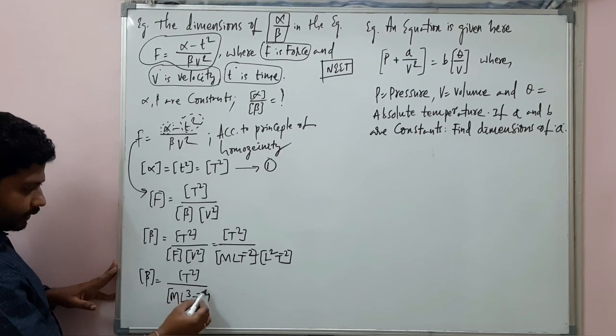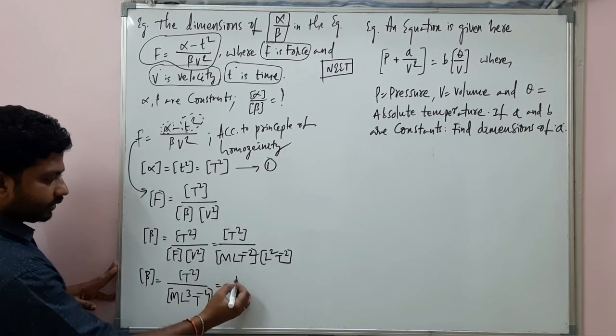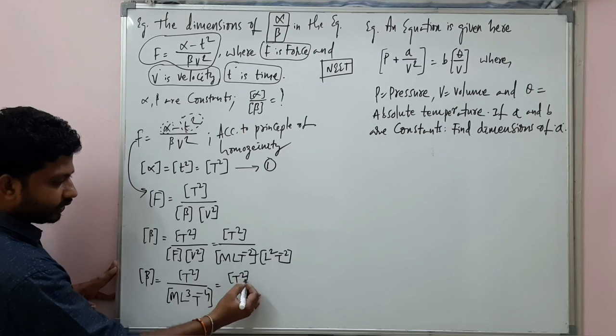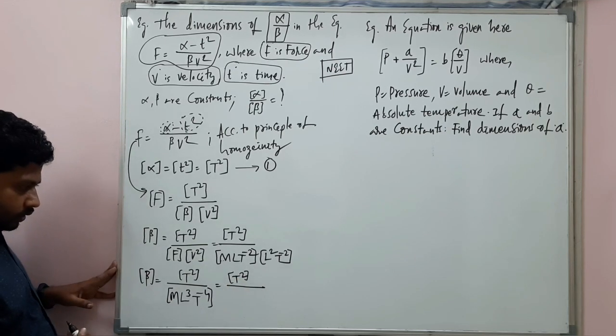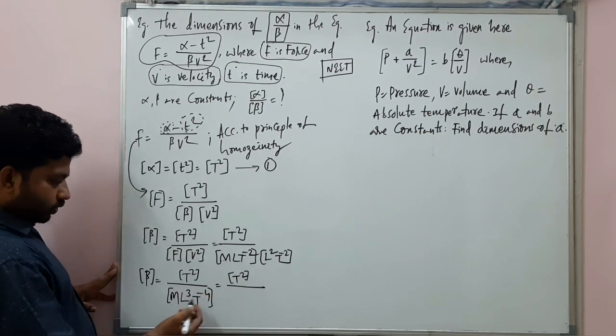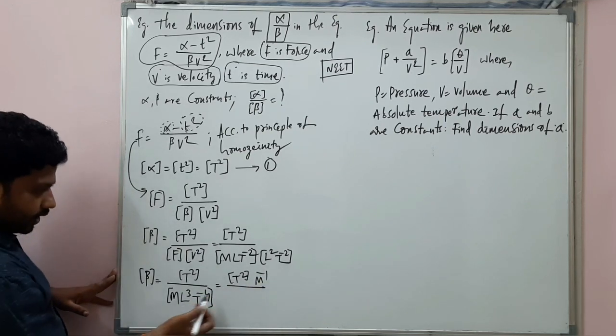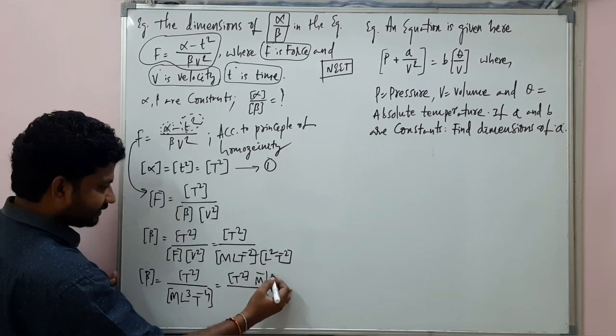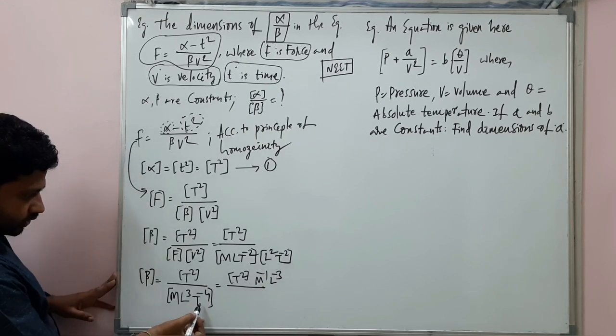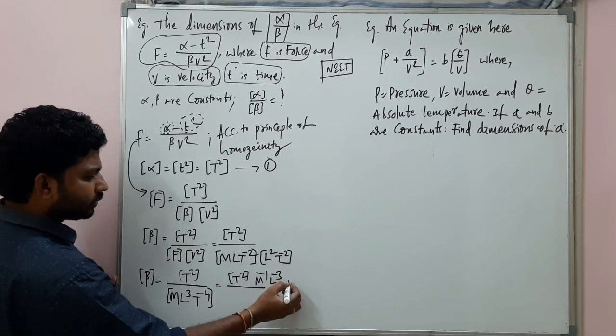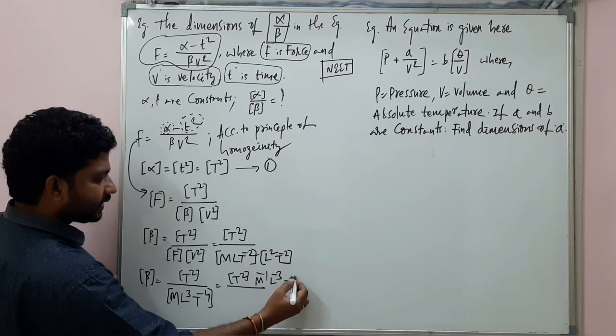Now this can be written as T square in the numerator divided by M minus 1, L minus 3, T minus 4. T minus 4 goes to the numerator, that will be T plus 4.